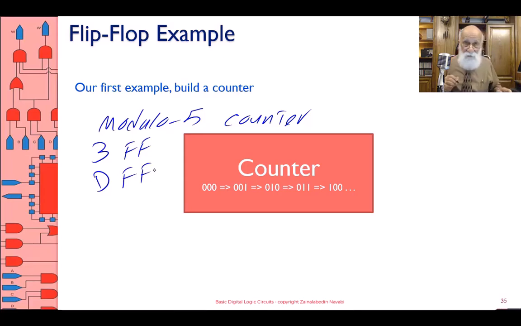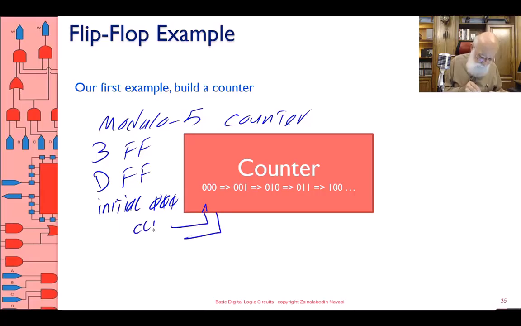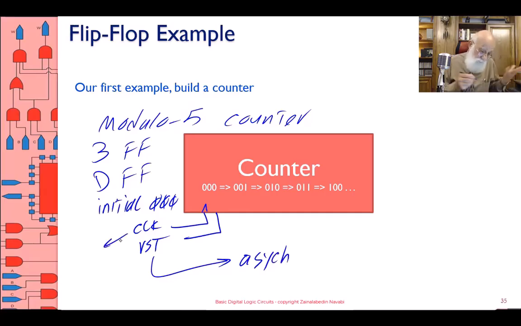Okay. The initial state is 0, 0, 0. My circuit has a clock and a reset. Okay. The reset is asynchronous. And the clock is obviously the clock, which can use rising edge clock.